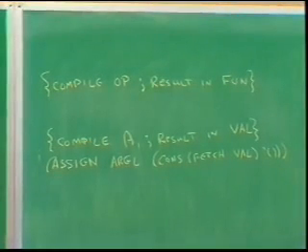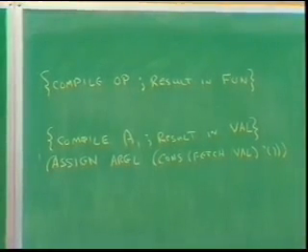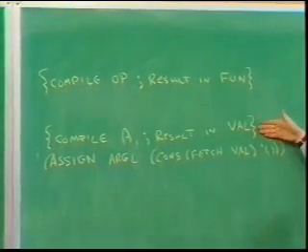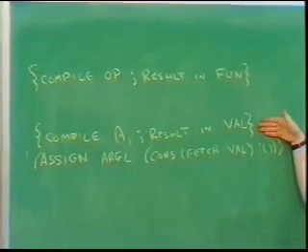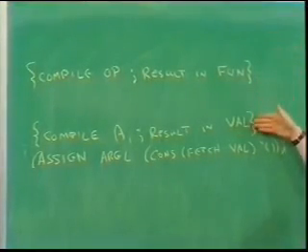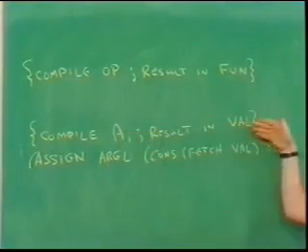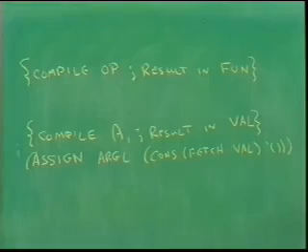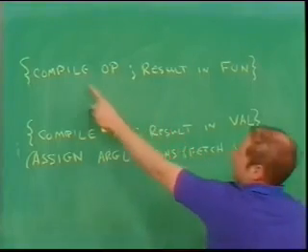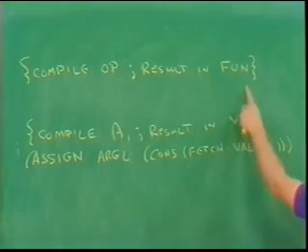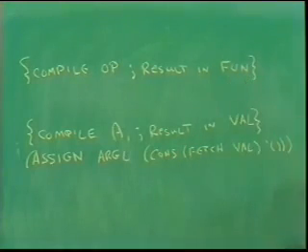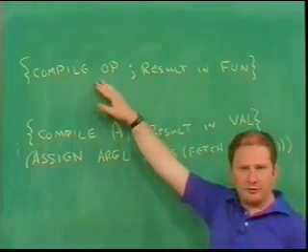Okay. However, it might have to work. When it gets here, it's going to need the environment. It's going to need whatever environment was here in order to do this evaluation of the first argument. So it has to protect the environment register against whatever might happen in the compilation of this operand.